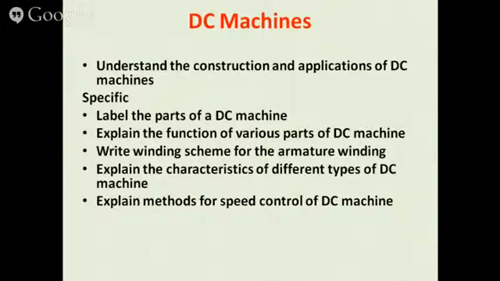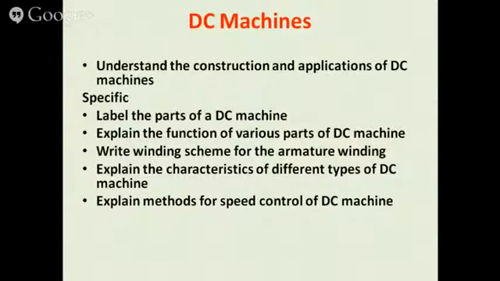Now if I am teaching this, then what are my specific objectives and what is my general objective? General objective is only one. Student will be able to understand the construction and application of DC machines.